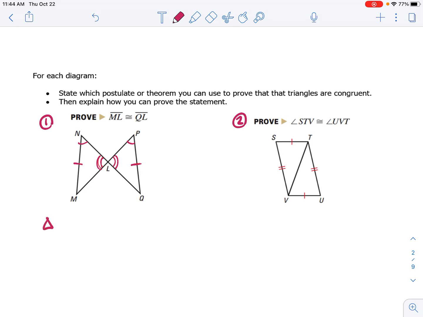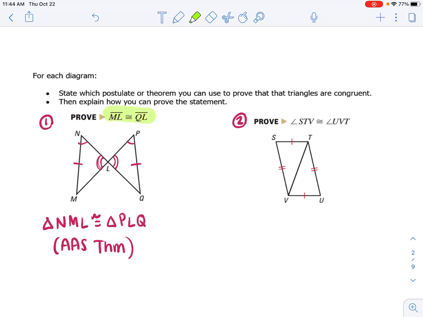So these two triangles, I'll say triangle NML is congruent to triangle PLQ through the angle side theorem, okay, because we have angle side.